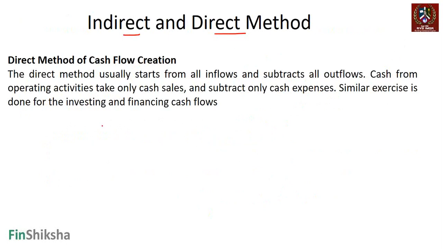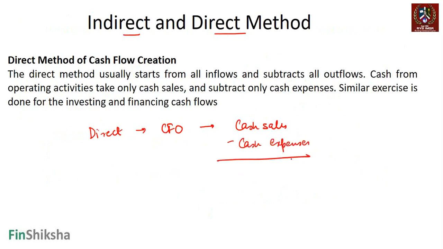So when you're creating a direct format of cash flow from operating income, you just say cash sales minus cash expenses. Not the total sales and total expenses, but only the cash sales and expenses, and then you get the cash from operations essentially. And then you carry on with the cash from investing and financing cash flows as well. So that's typically the direct method.